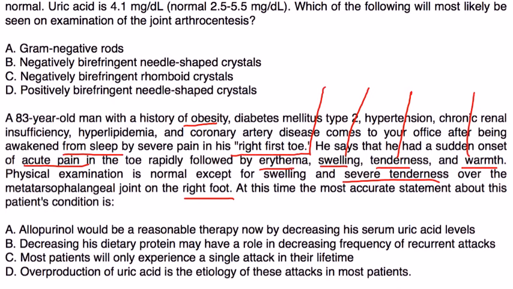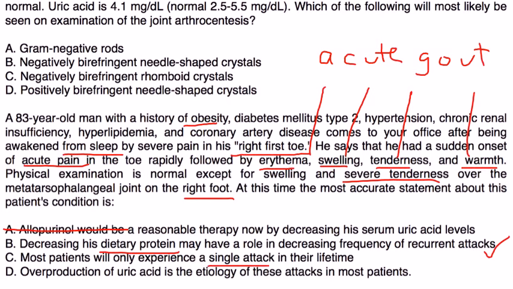Allopurinol would be reasonable therapy now by decreasing his serum uric acid levels. This case is a case of acute gout, and acute gout is not treated with allopurinol. Chronic gout is managed more with allopurinol, so that's not the case. Decreasing his dietary protein may have a role in decreasing frequency of recurrent attacks. Well, that's good. I like that. Most patients will only experience a single attack in their lifetime.